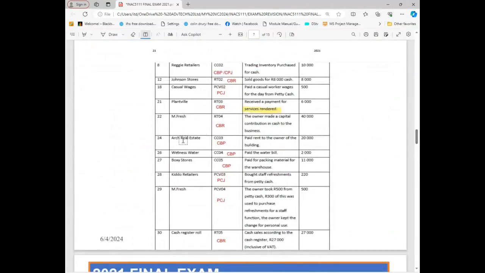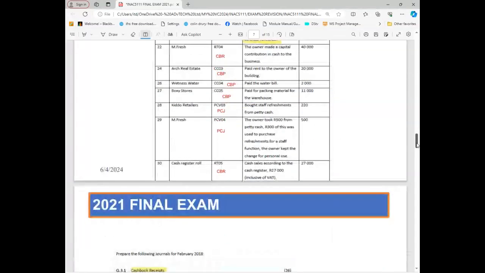So on the 24th, as you can see from here, no CBP, but we've got something on the 24th. Park or Arch Real Estate, CC03, paid rent to the owner of the business. Business is better.